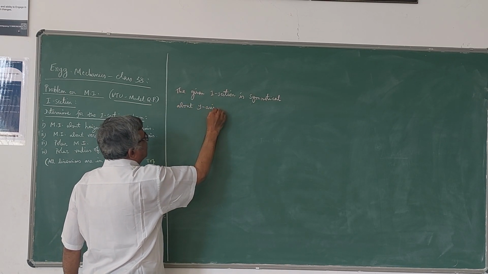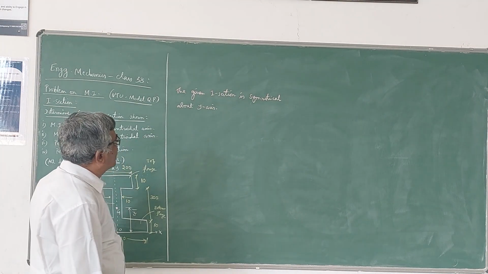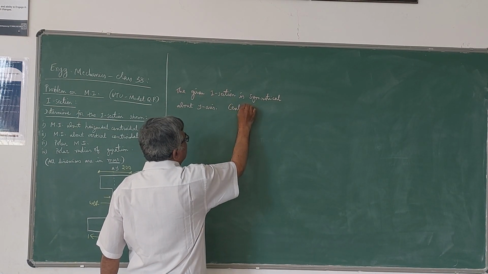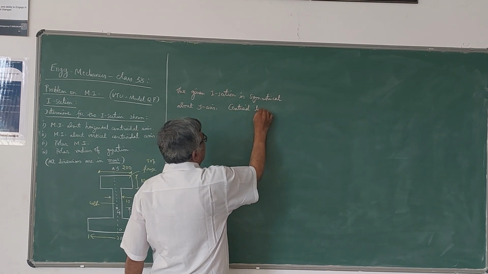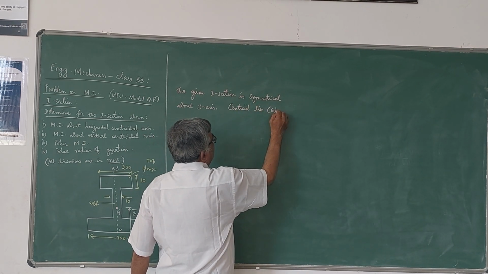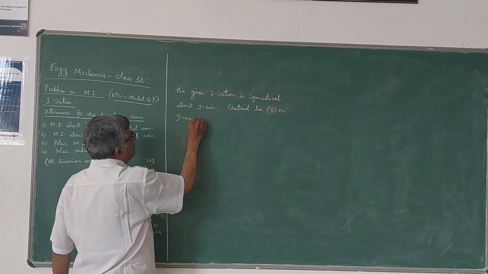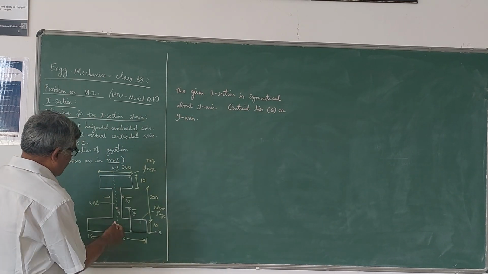That means you need not calculate x bar here. So the centroid G lies on the y-axis. That is the property: the centroid lies on the y-axis. This is very important. We only have to find this y bar value.